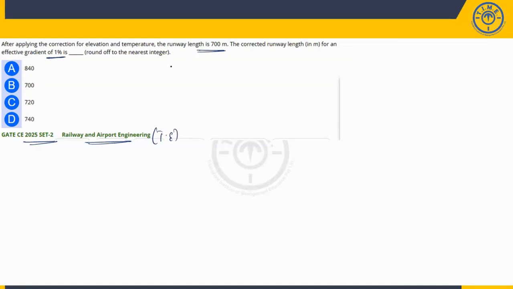What is the effective gradient here? Mentioned 1%.